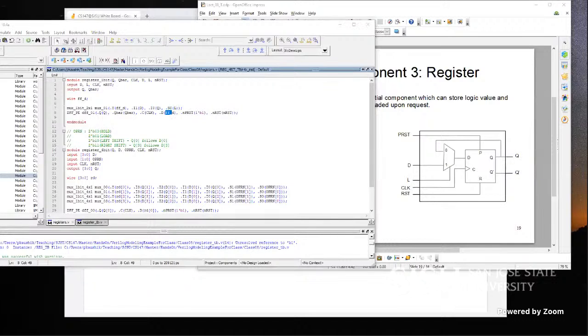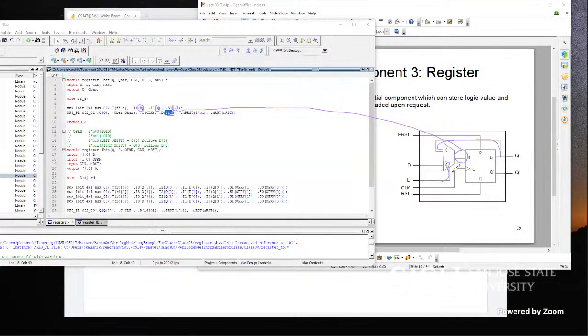This is FF_D, and then the multiplexer is fed with Q feeding back onto the 0 terminal, so I0 is Q, and external input D is coming onto the I1 of this multiplexer, and the selection signal is connected with the load signal.